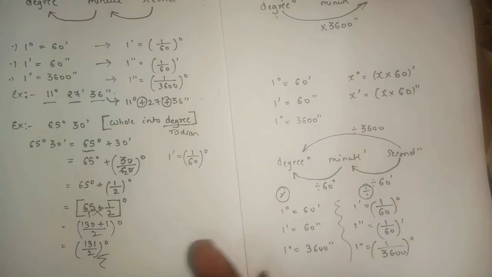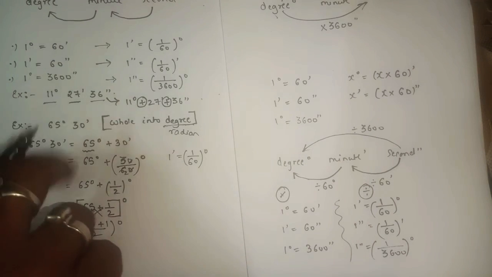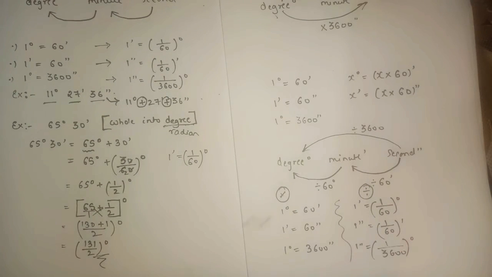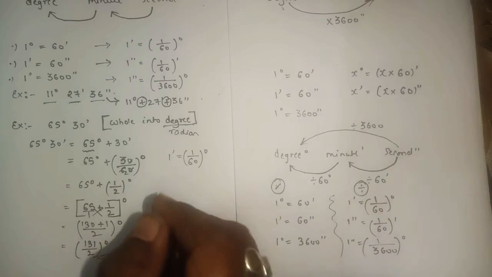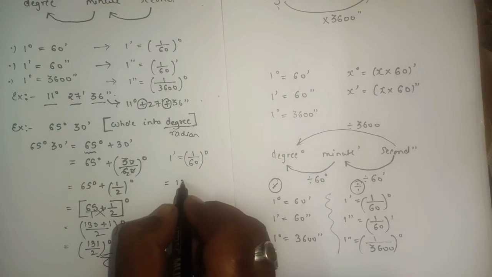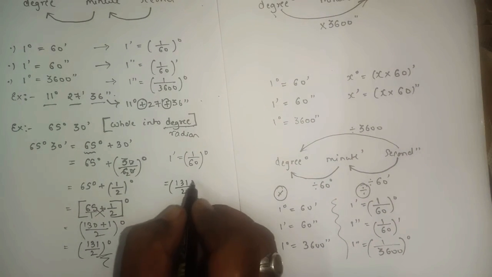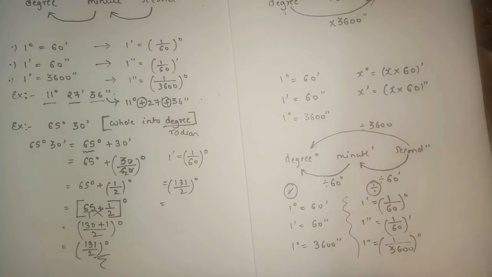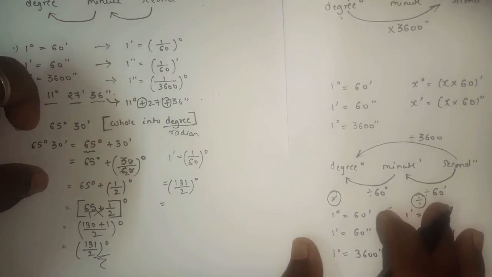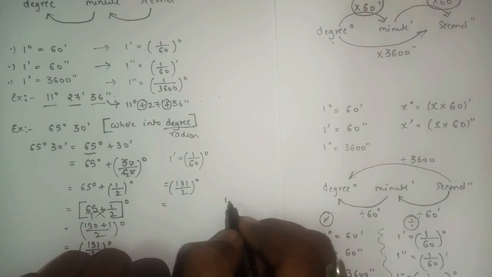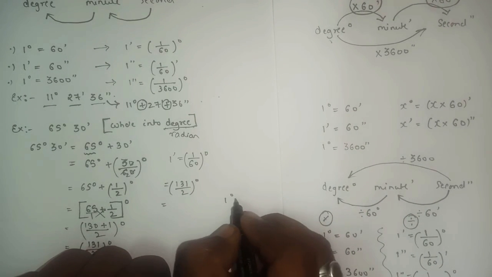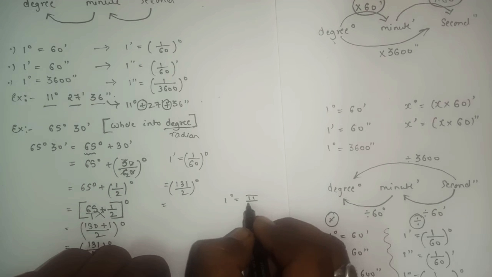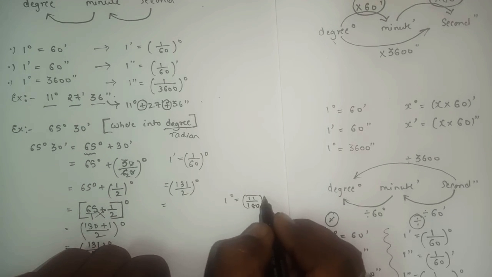Suppose in the question it says that you have to convert the section in degree as well as in radian. So that time what you will do, as here we got 131 upon 2 degree, we have to convert that degree into radian, and we know the process to convert degree into radian. What is the process? It is 1 degree is pi by 180 radian.